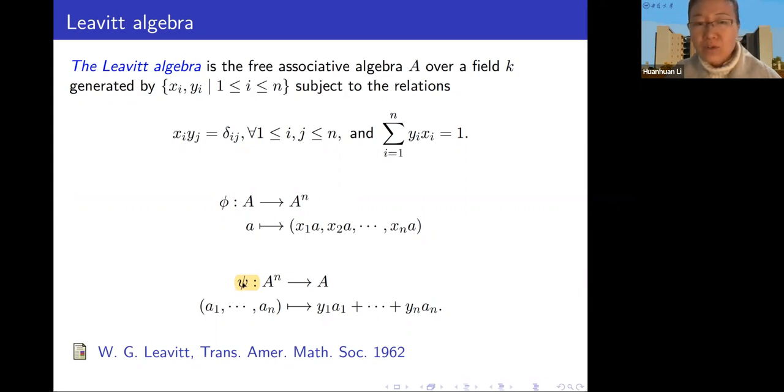And we can also define psi, from A^n to A, using the y_i's. Phi and psi are quasi-inverse to each other, and we can see that using these two relations. That means this algebra has a very special property: the regular module A is isomorphic to A^n. This is called the algebra of type (1, n).